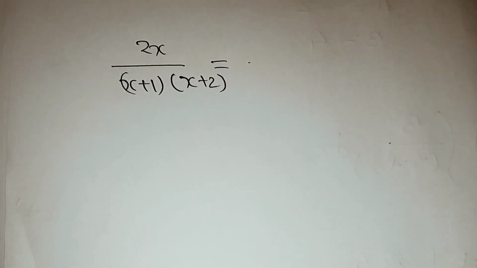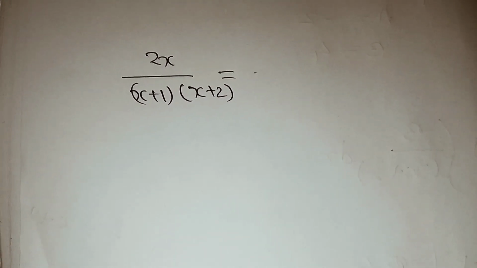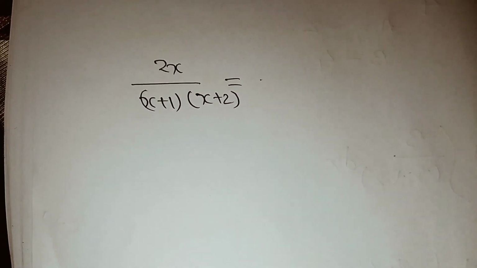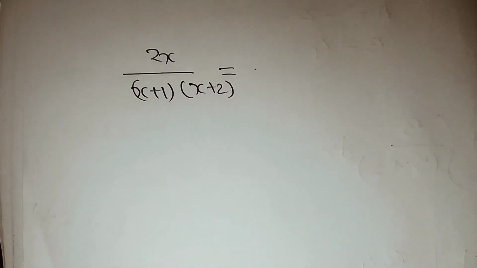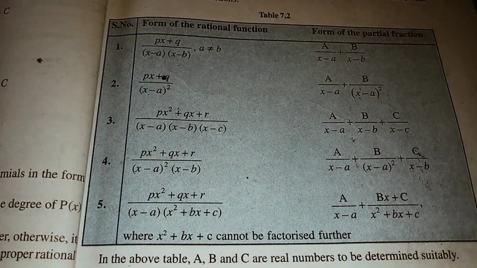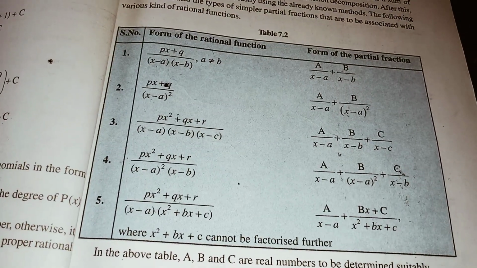Before solving further, we have to remember a concept called partial fraction. Do you know what partial fraction is? Don't worry, I will show you in this video. So you can see here the form of the rational function and the form of the partial fraction.